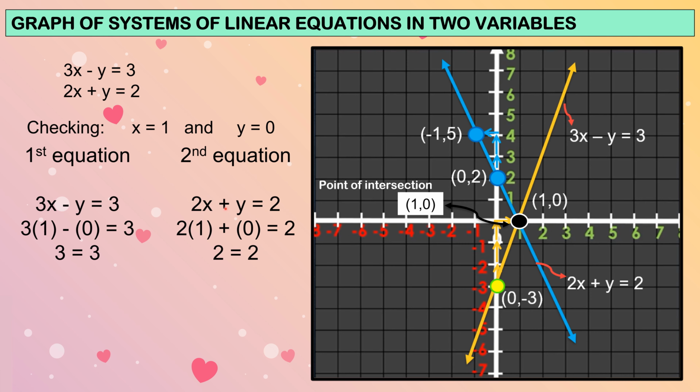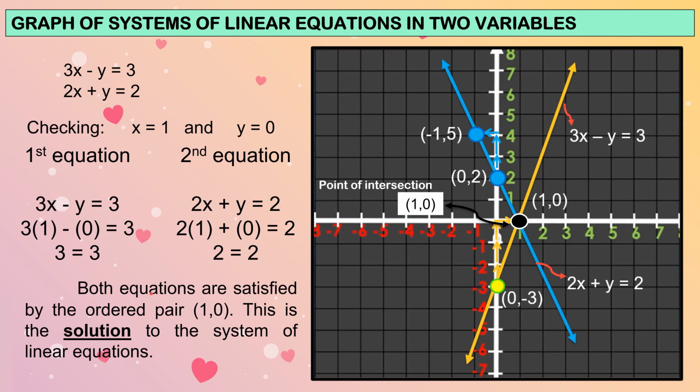Substitute x into 1 and y into 0. 2 times 1 plus 0, and we have now 2 is equal to 2. Therefore, both equations are satisfied by the ordered pair (1, 0). This is the solution to the system of linear equations.